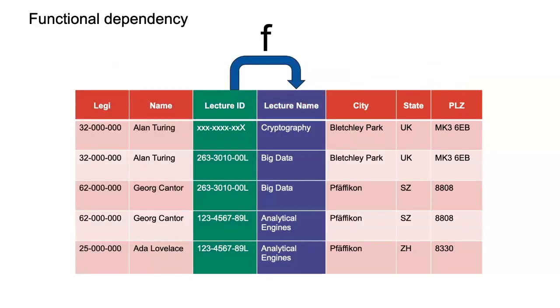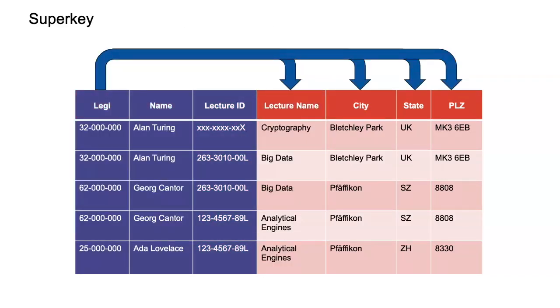Then we have the notion of a super key. What is a super key? It's a set of columns such that there is a functional dependency from them to everything. It basically means that all the rest of the table is just a function of these. Now, we kind of already discussed that yesterday with primary keys, right? A primary key does exactly that.